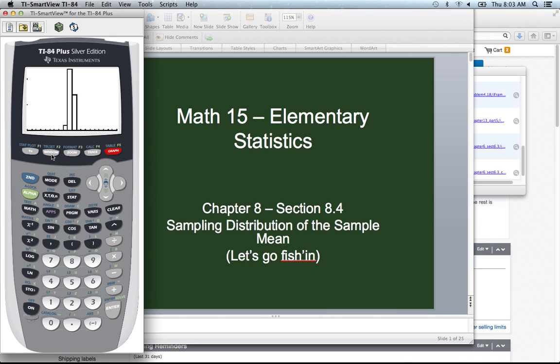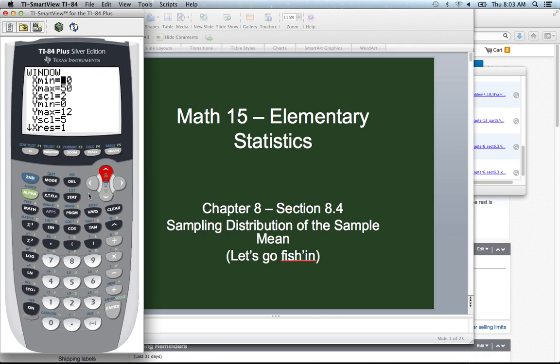So I'm going to change up my window here a little bit, and I'm going to narrow it just to get more resolution, or I want to divide that axis up. I want to make my class width smaller so I get more bars. And I also want to narrow this window. And what that's going to do is spread out my distribution.